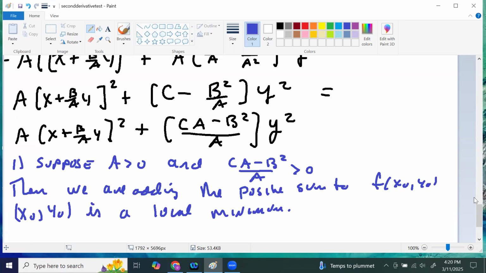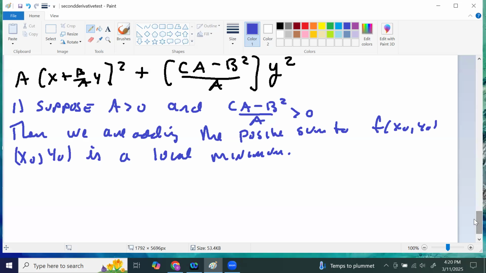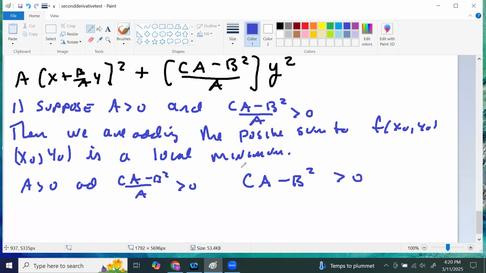That's for A positive. But since this is positive, that means CA, the numerator, must be positive as well. Okay, so that's this thing right here. And remember what A was.